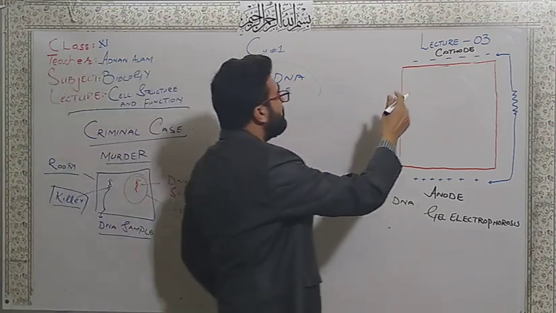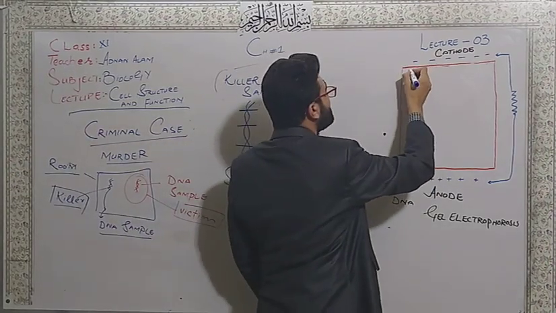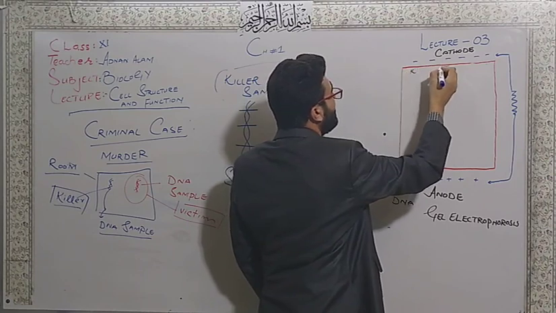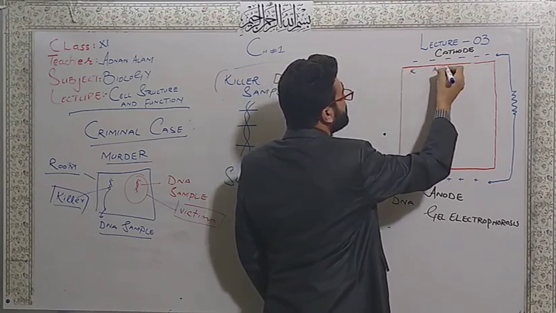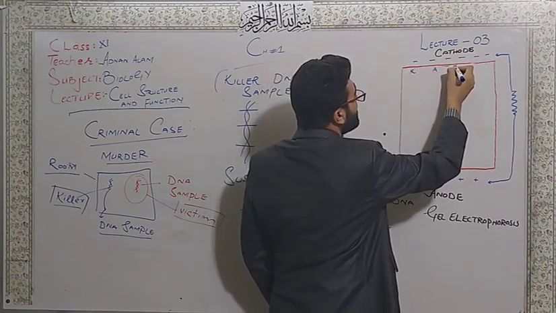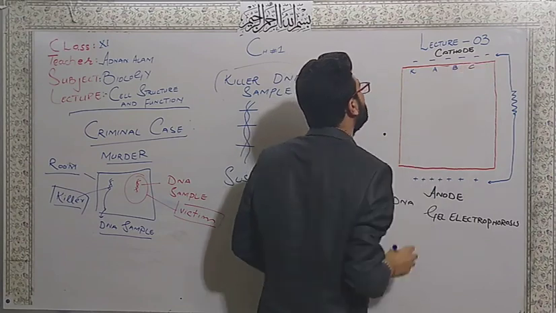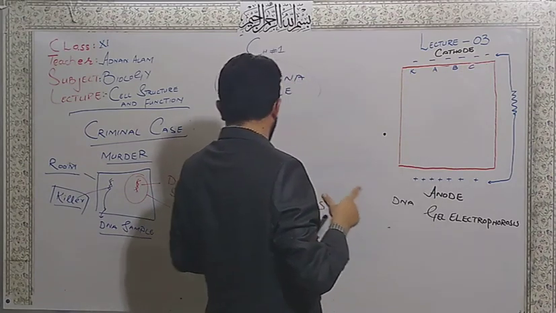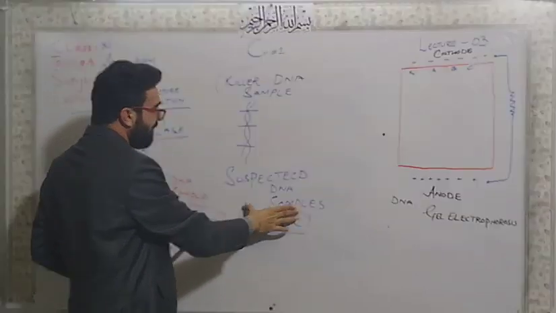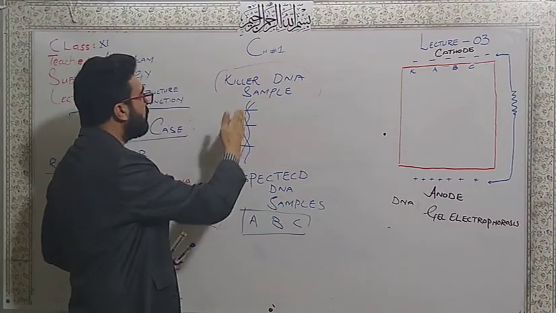So what we will do, for example, this is the killer's DNA. This is suspect 1, suspect 2, suspect 3. We have here DNA samples, they are broken.